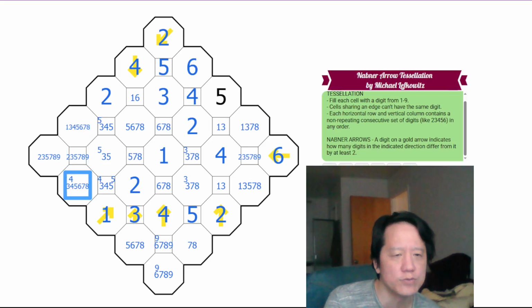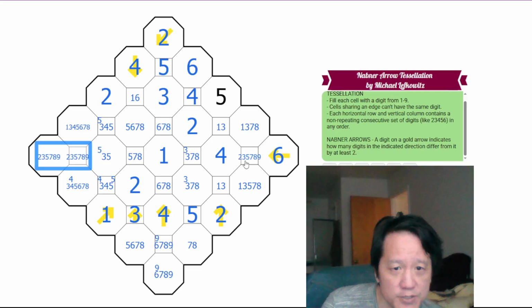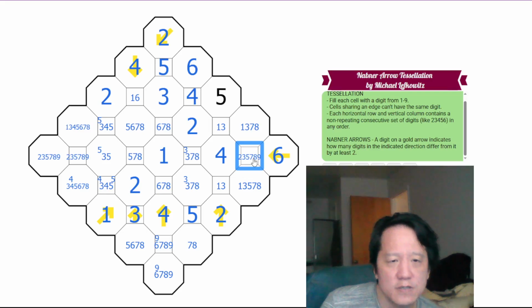It could be 1, 2, 3. So 9 has to be one of these 3 digits. 2 has to be one of these 3 digits. That's all we really have right now.